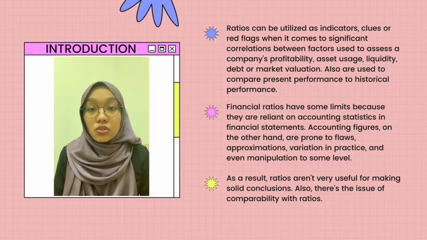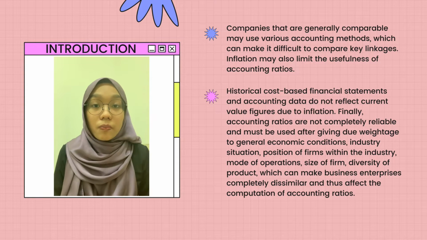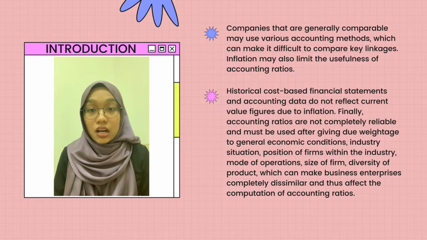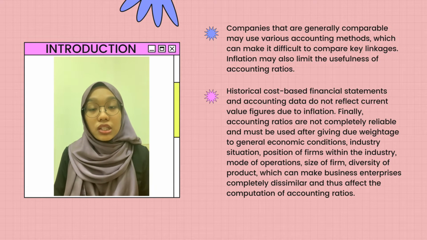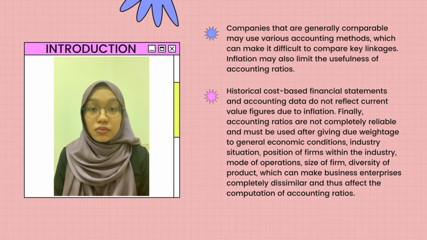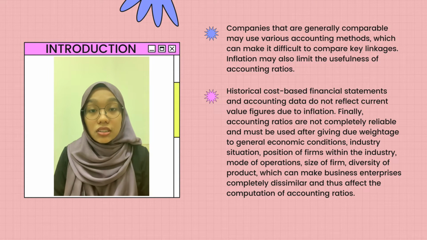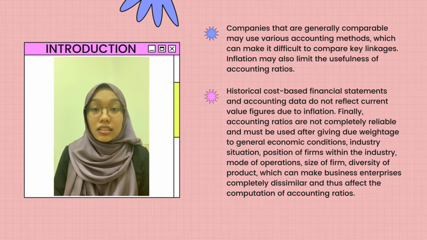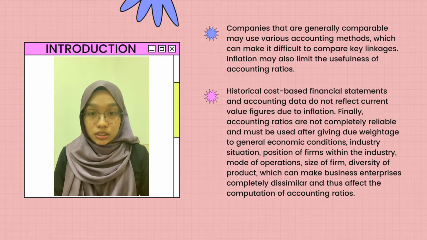Also, there is the issue of comparability with ratios. Companies that are generally comparable may use various accounting methods, which can make it difficult to compare key linkages. Inflation may also limit the usefulness of accounting ratios. Historical cost-based financial statements and accounting data do not reflect current value figures due to inflation.